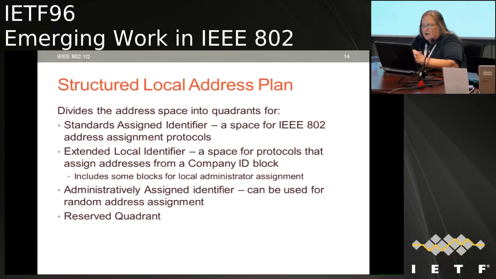And then there's another block for administratively assigned identifier, and that quadrant can be used also for random address assignment. So if somebody wants random address assignment, where a device just randomly picks an address and uses it, if they want that to coexist with some address assignment protocols, that quadrant is for it. And then there's one quadrant that's reserved.